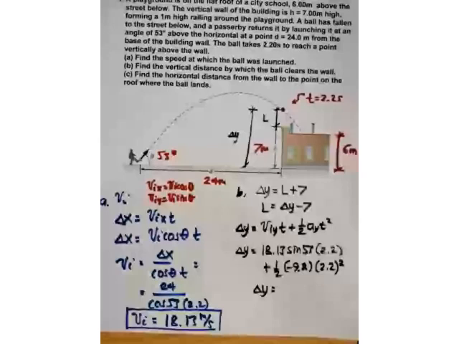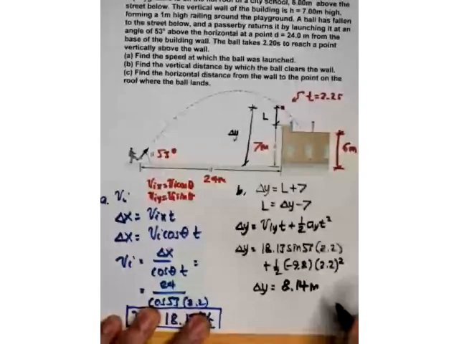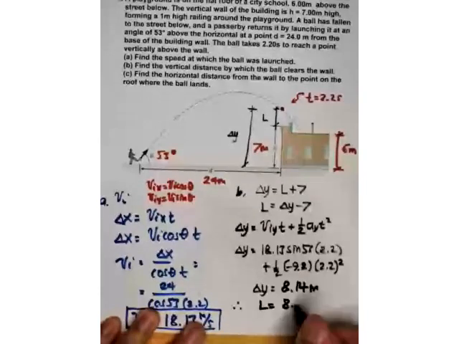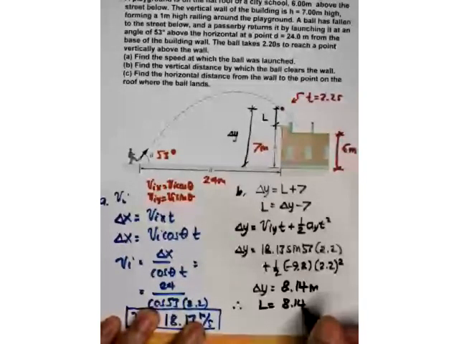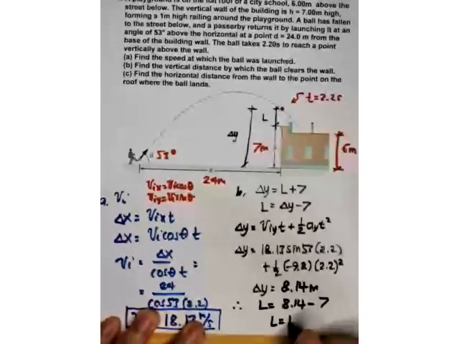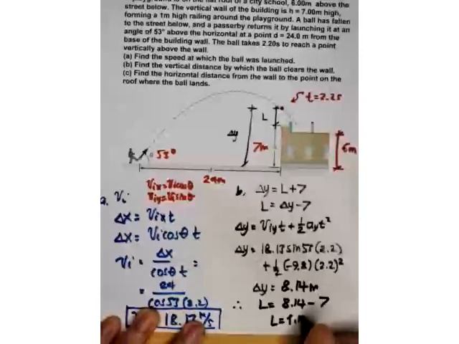So 8.14 meters. So therefore, L is 8.14 minus 7, so L natin ay 1.14 meters.